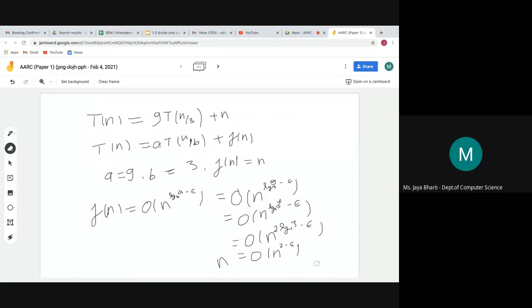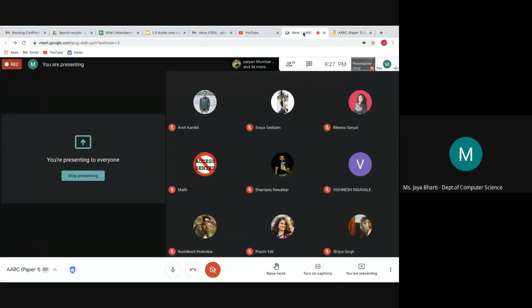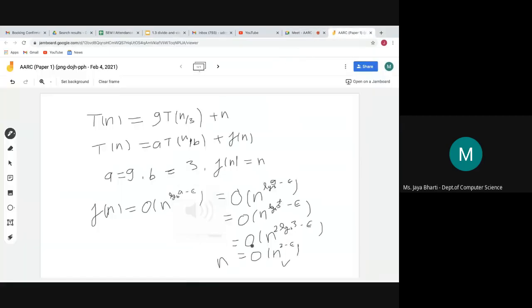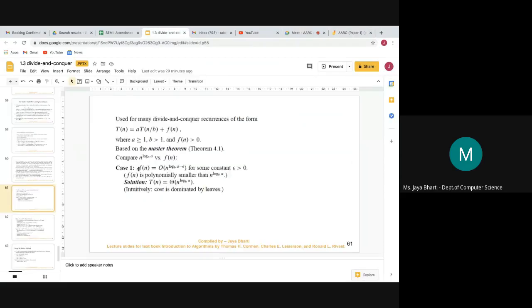Okay, so what we can see, it is n square and it is n. Okay, so this is the bigger part. Understood? So this is the bigger part. So if this part is bigger, so if this condition is true, then this is the upper bound.